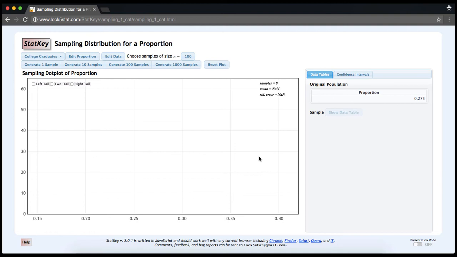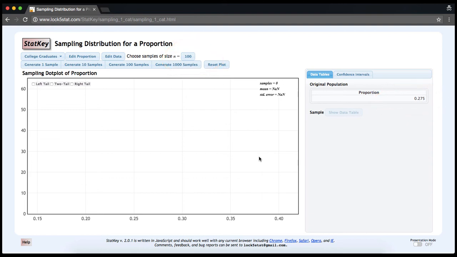If we were constructing a sampling distribution to construct a confidence interval or to conduct a hypothesis test, which you'll see next week, the sample size here would be set to the observed sample size in our research study. So we have a population proportion of 0.275 and a sample size of 100. These are the two things that we need to set in StatKey before constructing a sampling distribution for a proportion.